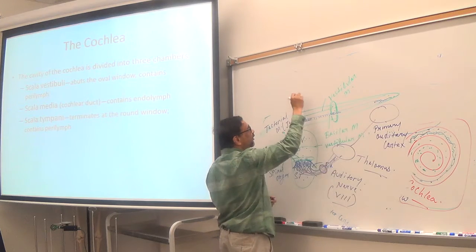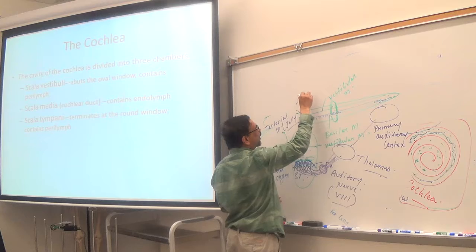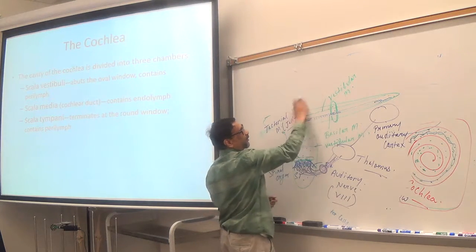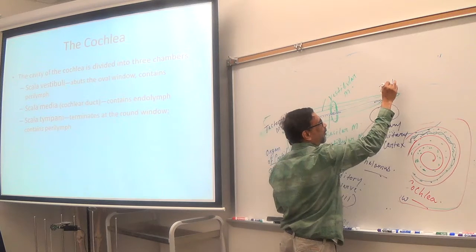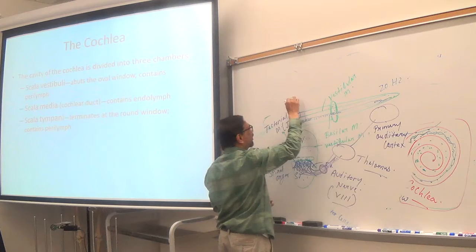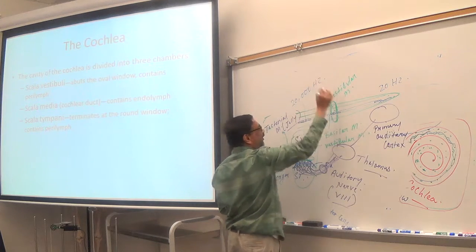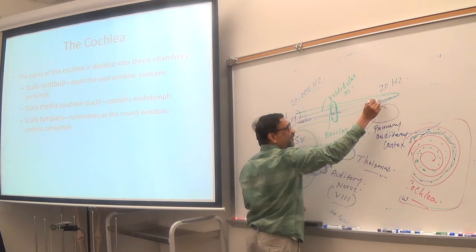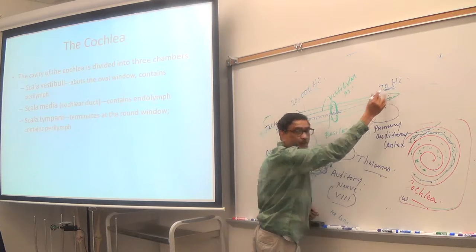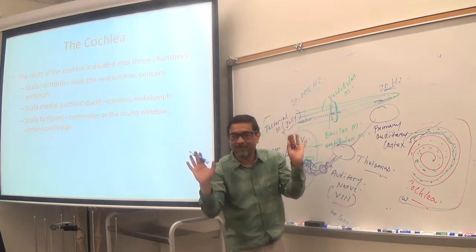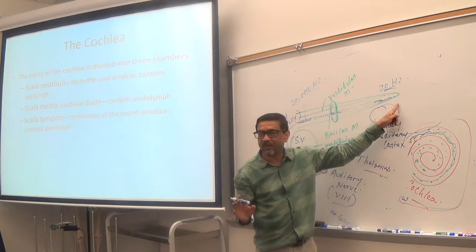So our human range is 20 Hertz to 20,000 Hertz. These hair cells will be activated by only 20 times, 20 Hertz sound in 1 second. Makes sense? Very low frequency.